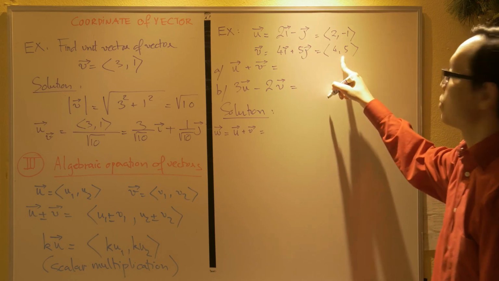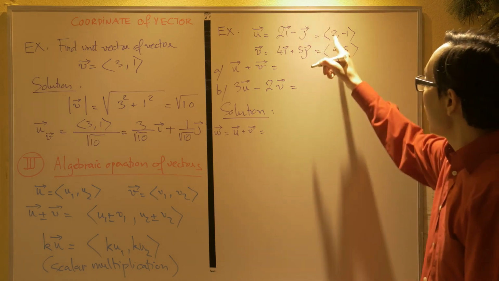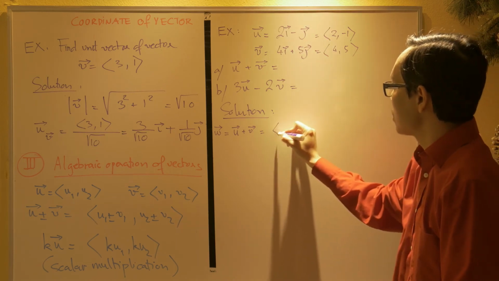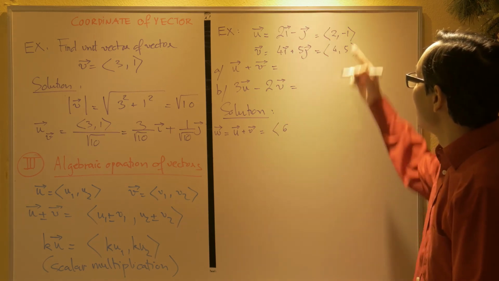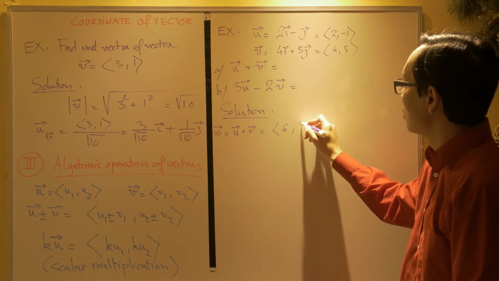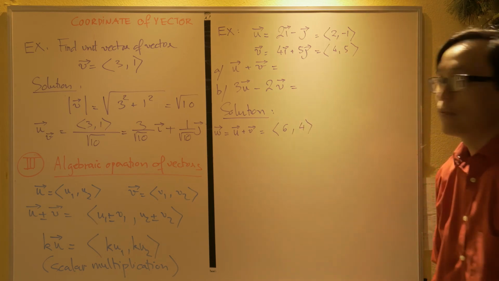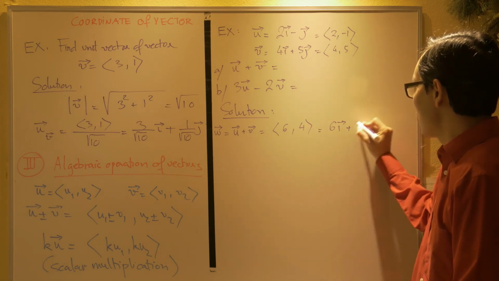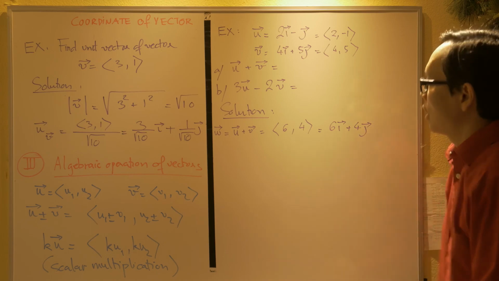This one I can write using ordered pair form, (4, 5). So I add the x component, the i component, so 2 plus 4 gives you 6. Negative 1 plus 5 gives you 4. So this is your final answer, and you can express it as 6i plus 4j.